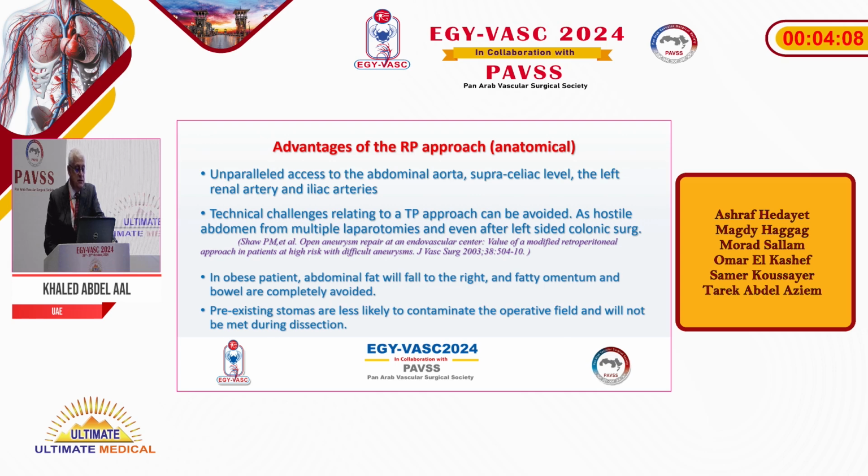In obese patients, this technique is very advantageous because abdominal fat will fall to the right side, as the patient is tilted on his right side, and the fatty omentum and bowel are completely avoided. Even cases with stomas after colon cancer cannot contaminate the wound because they are not in contact with the incision.